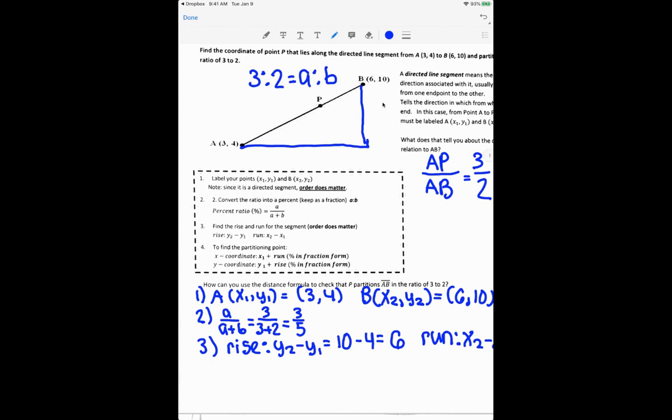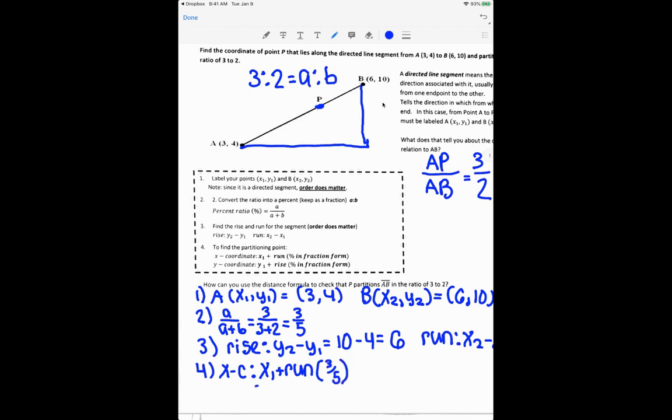Then we have our last step, which is step 4. So we have to figure out what is the partitioning point. So where would that point P be that's way up here? That's already labeled for us. So for our x coordinate, I'm just going to abbreviate, we're going to take our x1 plus our run times our ratio, which we found was 3/5.